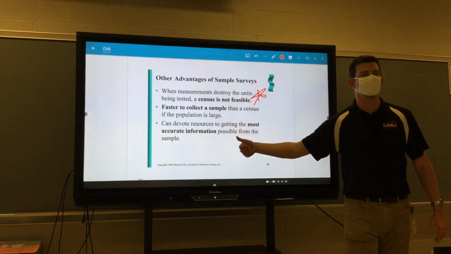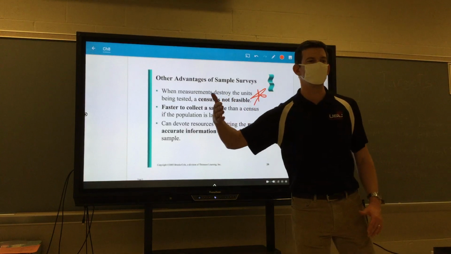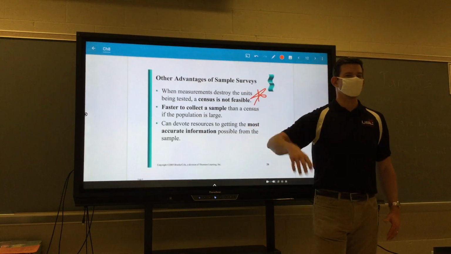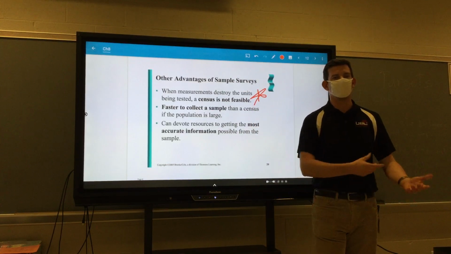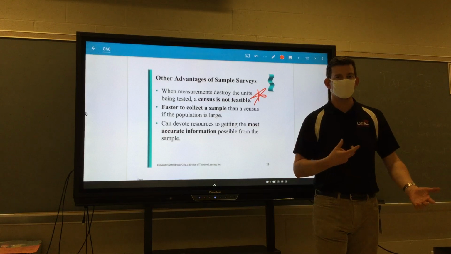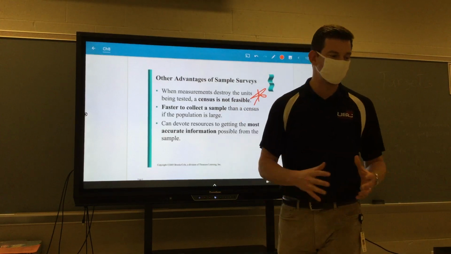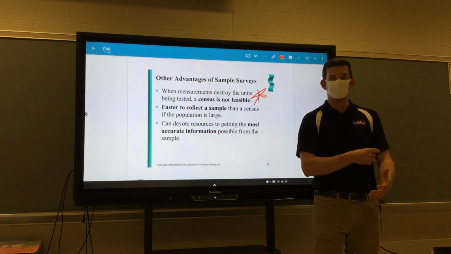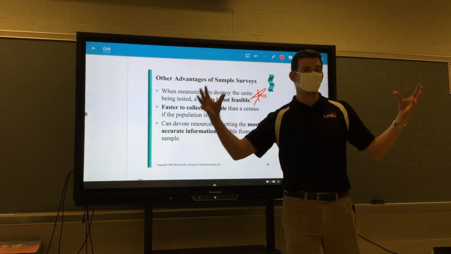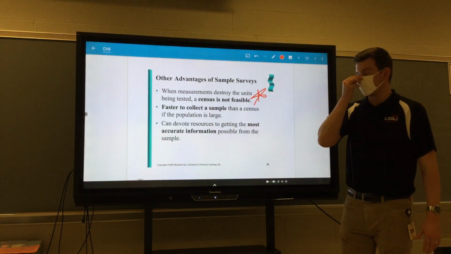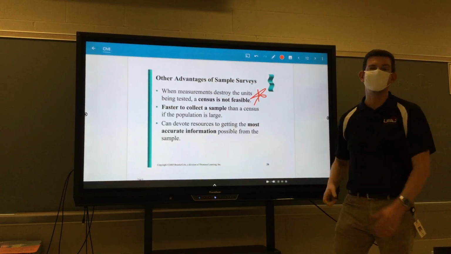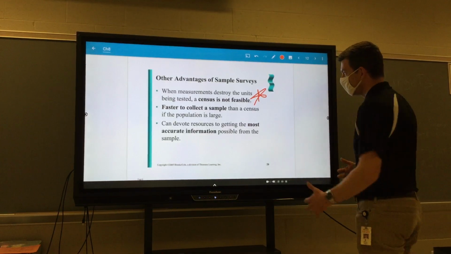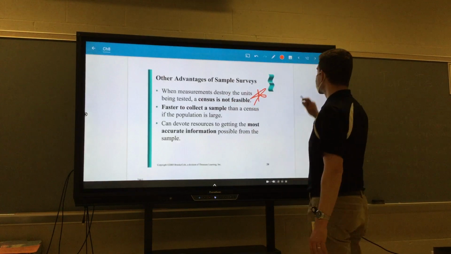Now, obviously that doesn't make sense if you're talking about surveying people, all right? But I go to the doctor's office, I have a blood sample taken. That sample is representative of all the blood in my body, and they do their tests on that sample, and hopefully that sample is indicative of what's really happening throughout my body. Now, when they're done with that blood sample, they don't pump it back into me, they get rid of it. Okay, so even things like that are using these sampling methods.